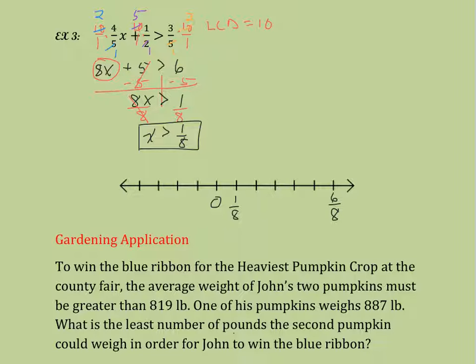Normally I would just label every whole number, but I'm running out. And so from 0, I've got -1/8, -2/8, -3/8. This will be a -4/8. All right, so at our boundary point, we have an open circle because there's no equals to, and it's greater than, so we have an arrow going to the right.